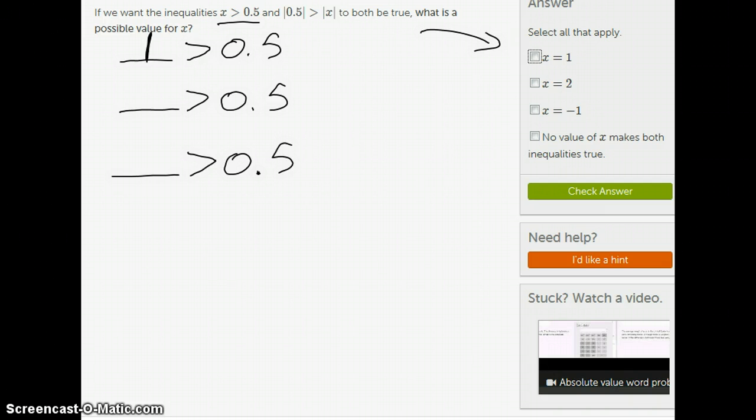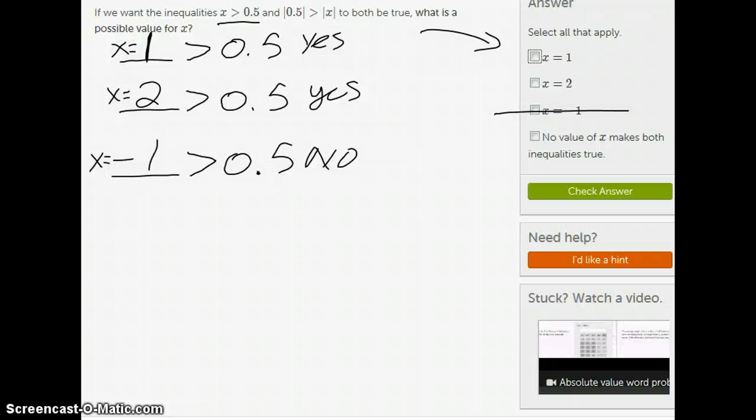Using 1 for my value of x, is 1 greater than 0.5? Yes. Doing my next check, x equaling 2, is 2 greater than 0.5? Yes. Checking my next one, x equaling a negative 1. Is a negative 1 greater than 0.5? No. So I know it cannot be that one.